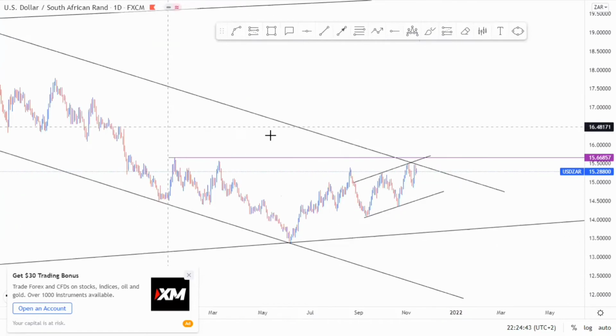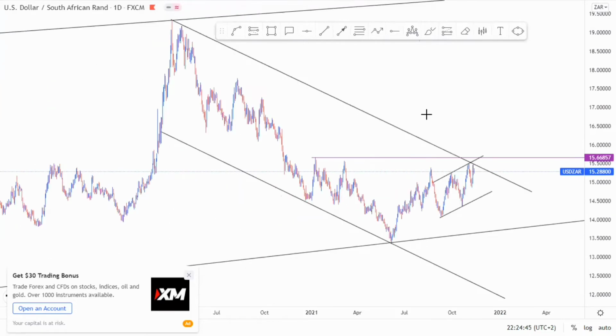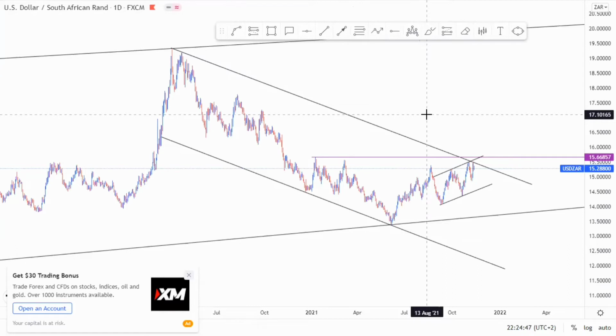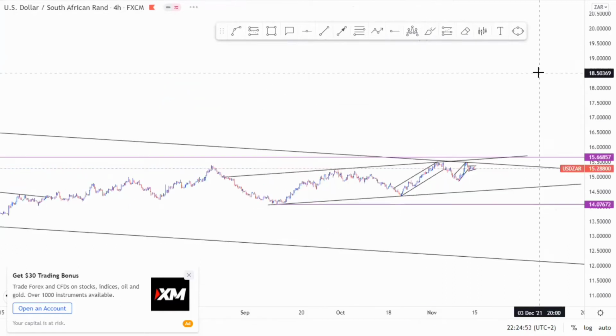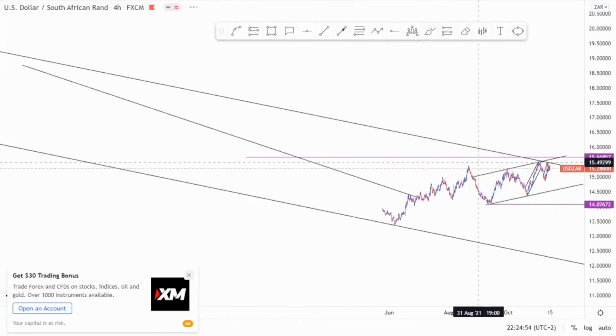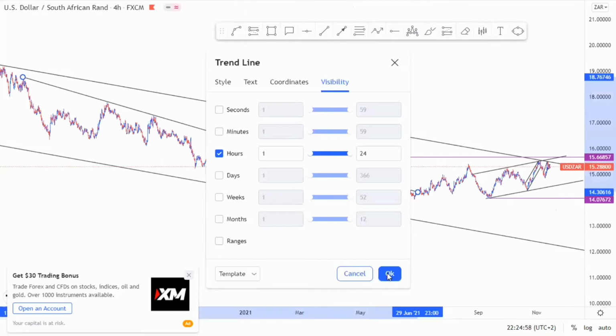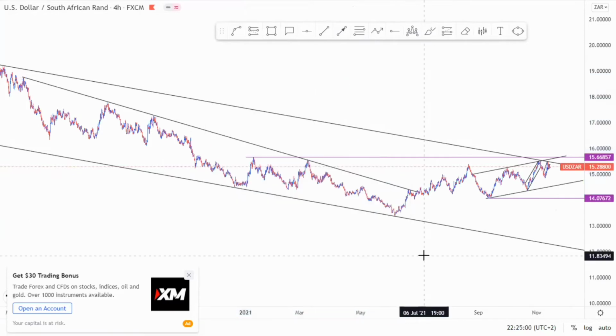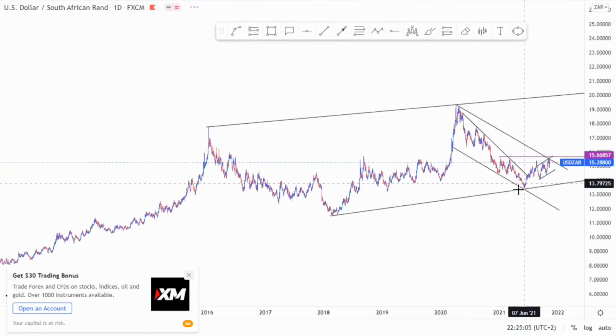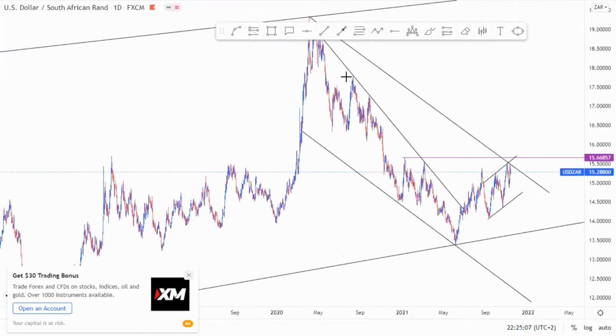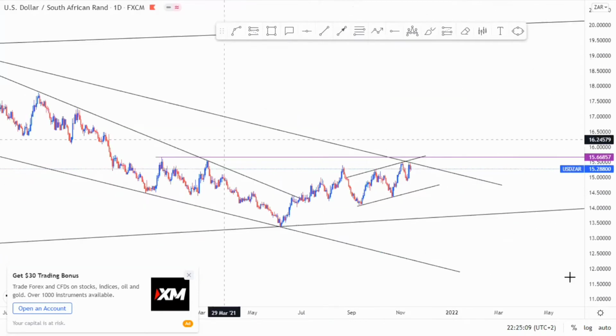And as I just go down to the 4-hour time frame, you guys can see that. Oh wait, let me just bring back this and go back to the daily time frame to show you guys why I am positive that this will go to the upside.